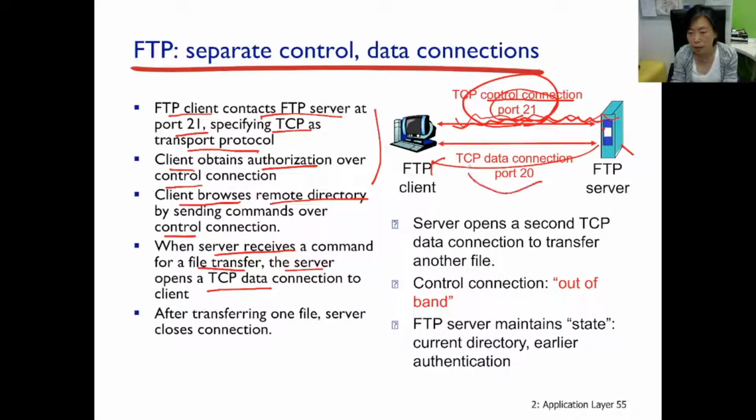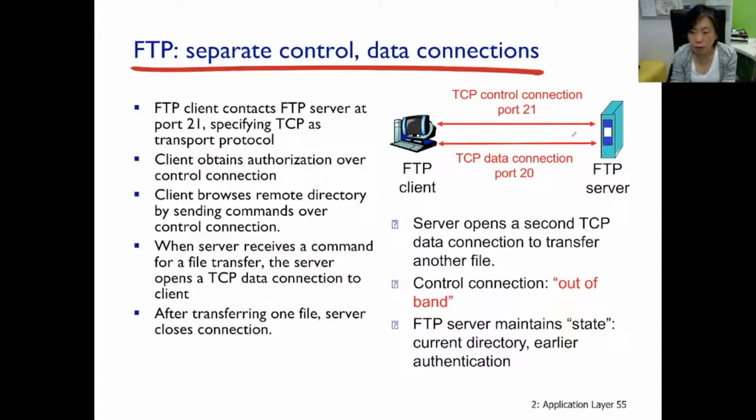So that is depicted here. The data connection runs on port 20. After transferring a file, the server is going to close the data connection while the control connection remains on.